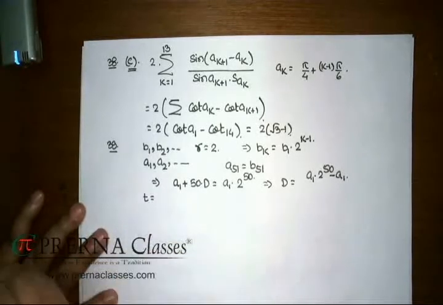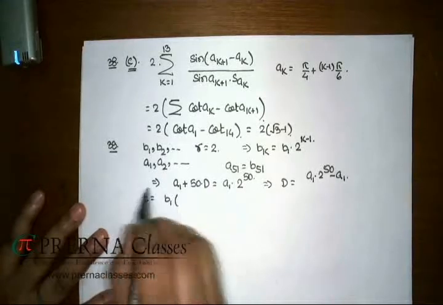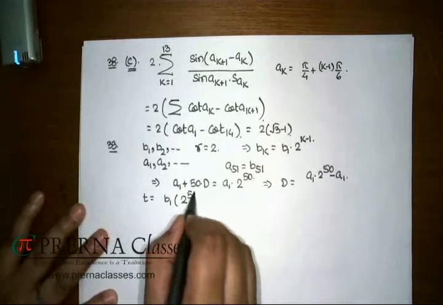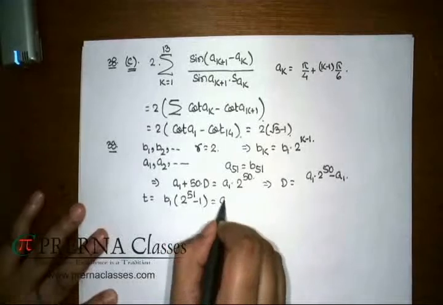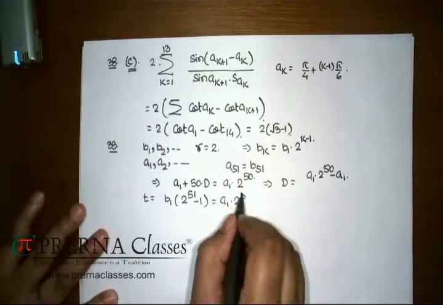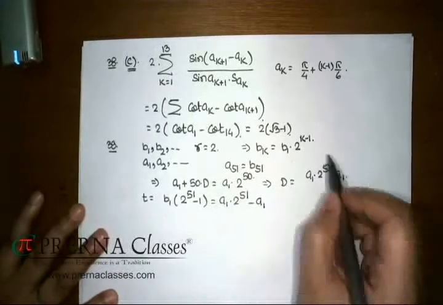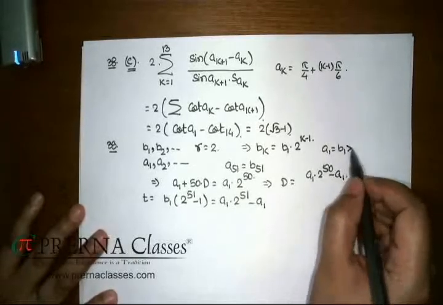After this we have some series as T, in which you need to add all the BIs. The sum is then clearly going to be equal to this much. Here instead of B1 I can take A1. As it is given to you that A1 and B1 are equal, and it's being told that all the BIs are positive, so AI is positive, hence we can safely say that T is lesser than this quantity.